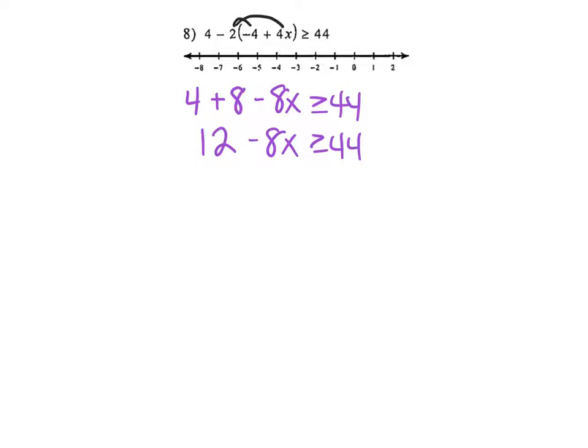Now comes the adding and subtracting portion where I need to get the constants together. Don't deal with the x yet, because the 12 and the 44 are like terms. They can go together. I don't want to add 12. Subtract 12.